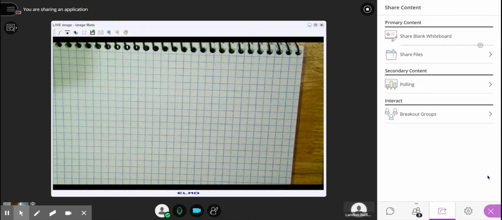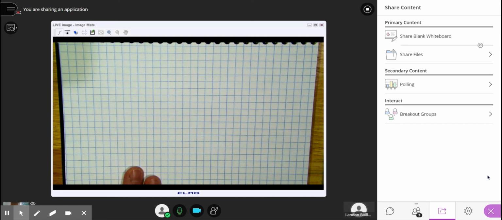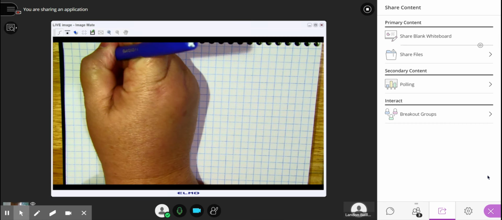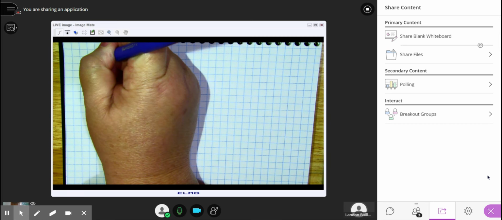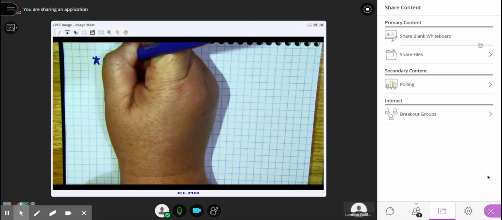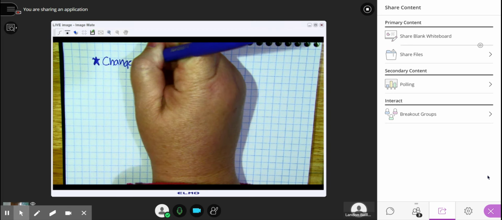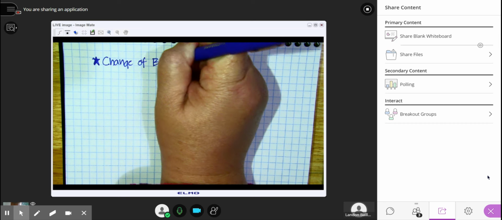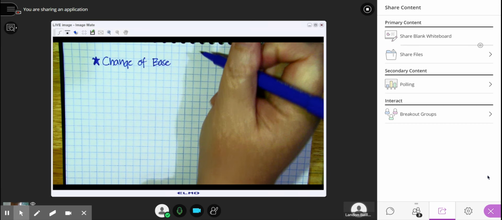All right, then the last thing from 4.4, and it is kind of a big thing, is the change of base formula.